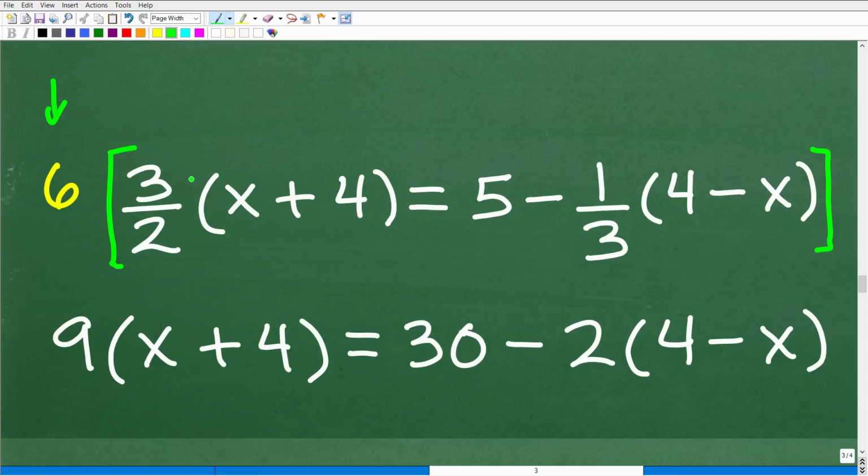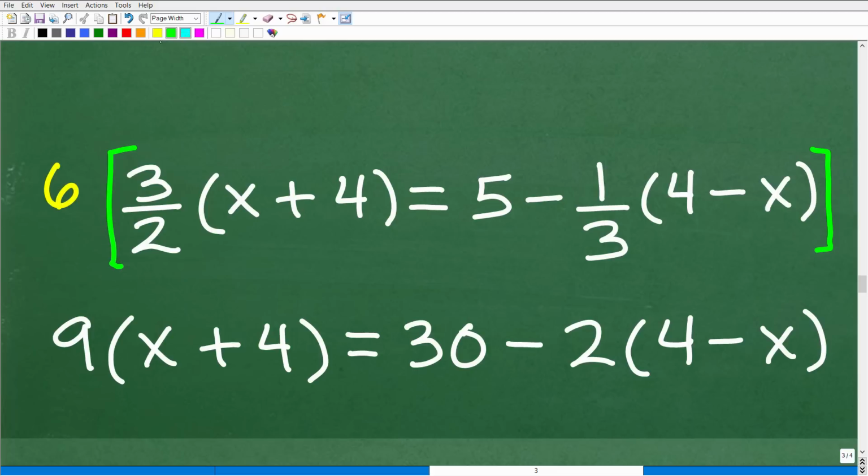Remember that you're not breaking anything algebraically. As long as you multiply both sides of the equation by the same value, you are not breaking the equation. Here we're doing this little trick so we can get rid of the fractions right off the bat. So let's go ahead and do this now.